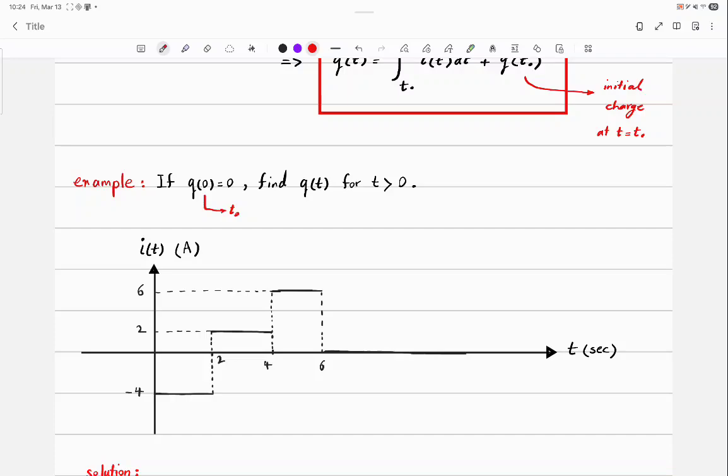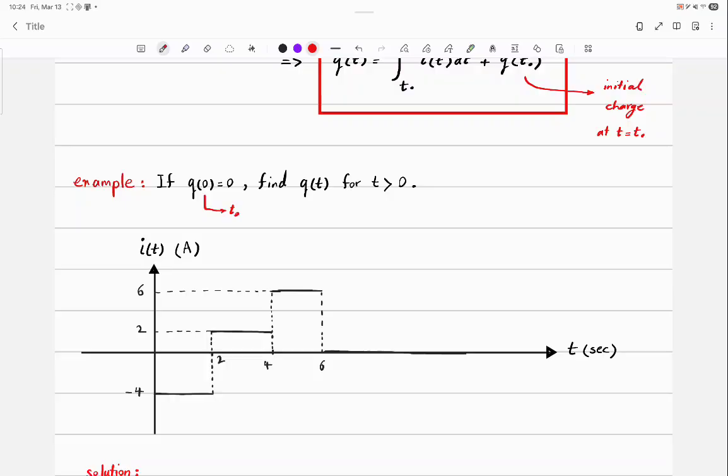So let's plot this. At 0 it is 0. Between 0 and 2 it is negative 4t, right?